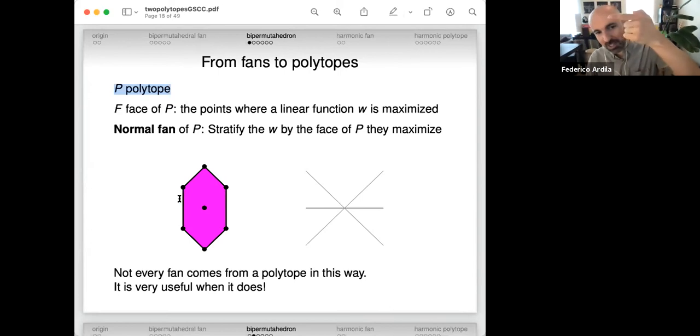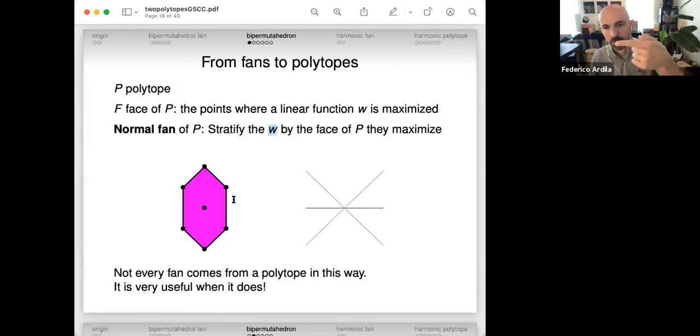And this is the farthest part of the polytope according to this direction. So one way of saying that is that I take my vector W, which is given by my finger, and then this is the face of P that W maximizes. So that's how I know that that's a face. And the definition of face is whatever maximizes your finger when you point at it in some direction.